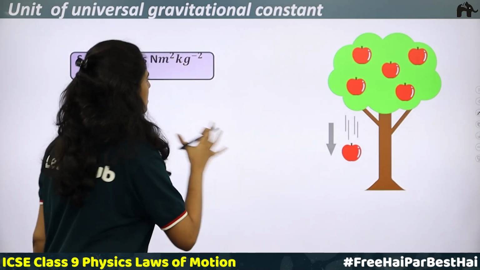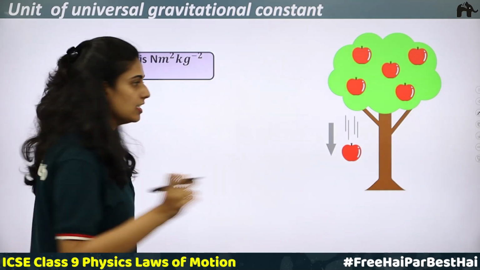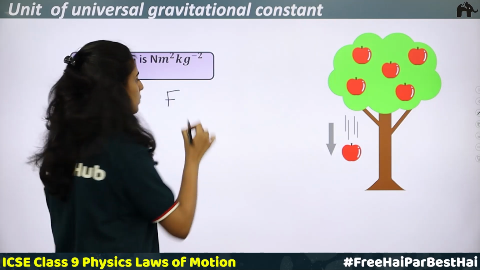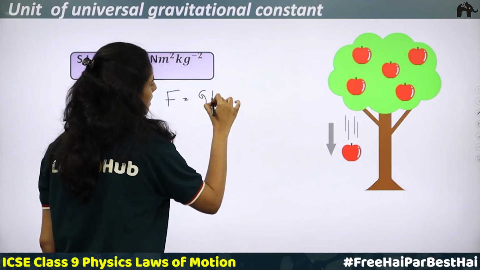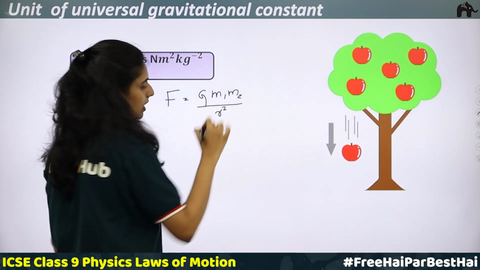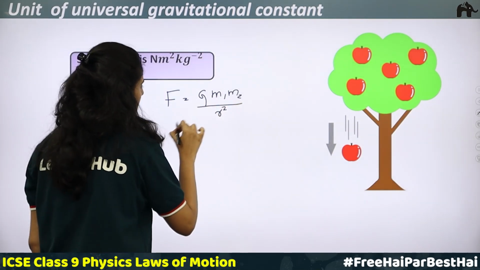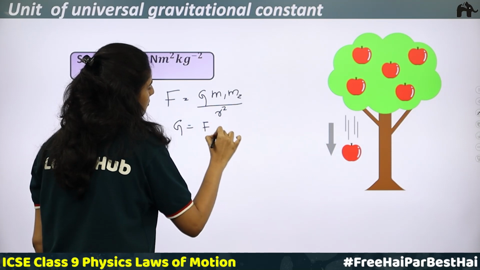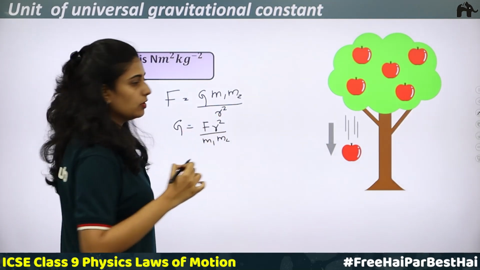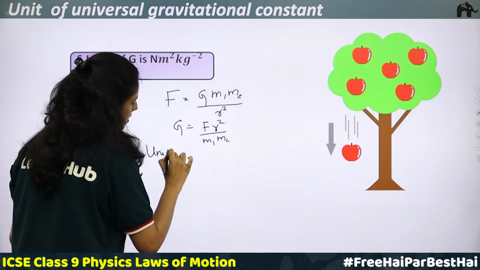Unit of universal gravitational constant. What are the quantities on which universal gravitational constant depends? We have gravitational force F is equal to G M1 M2 divided by R square, from which we can write G is equal to F R square divided by M1 M2. What is the unit of force?